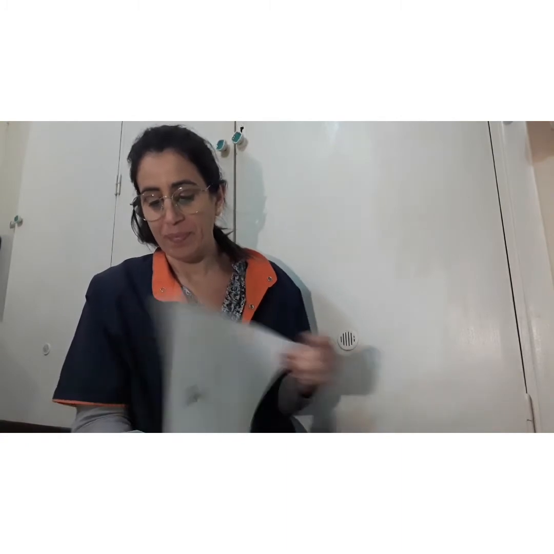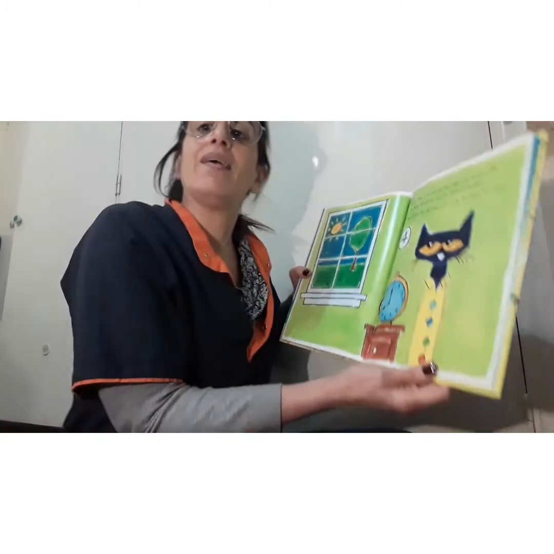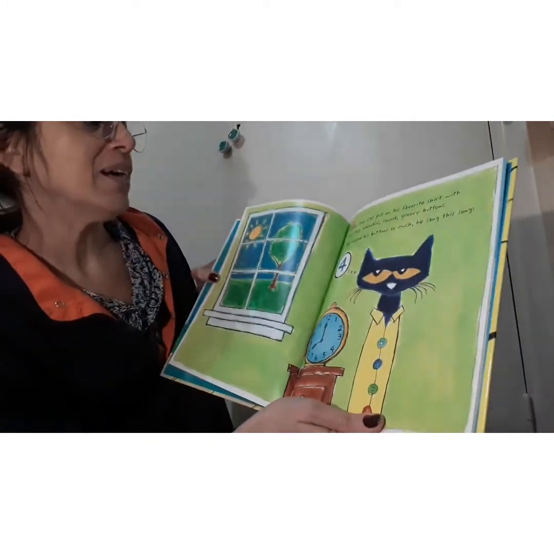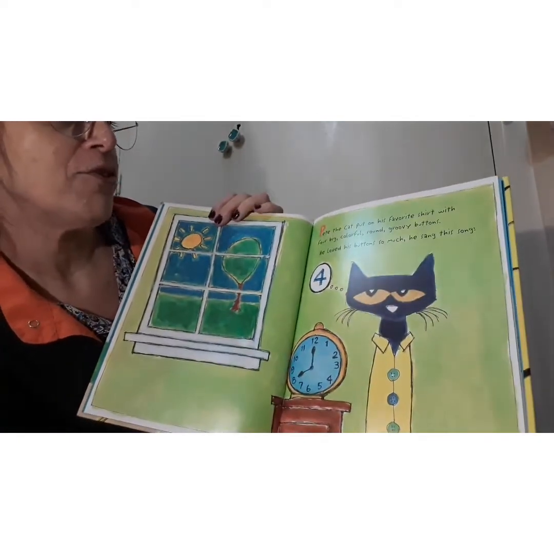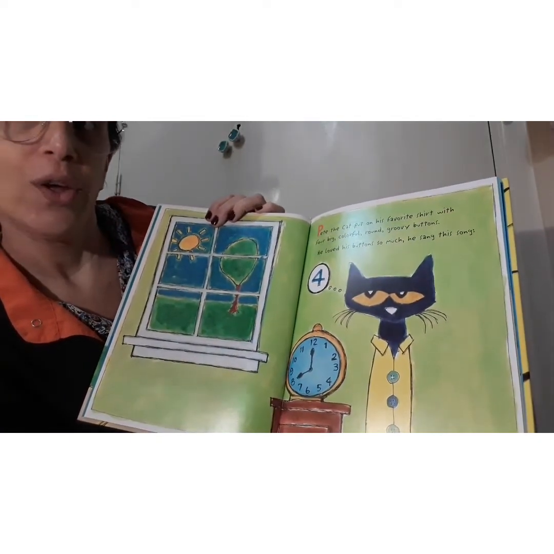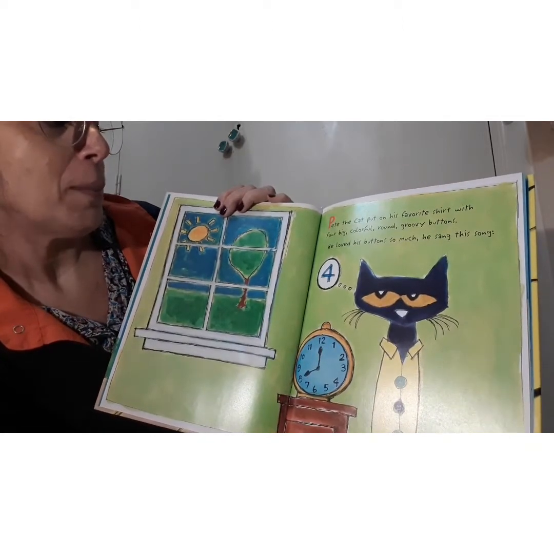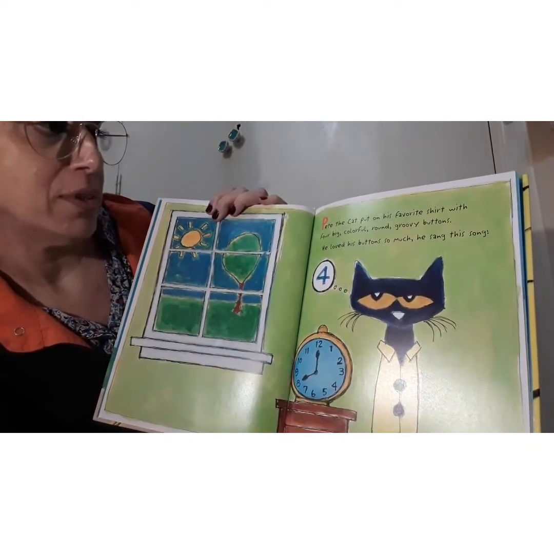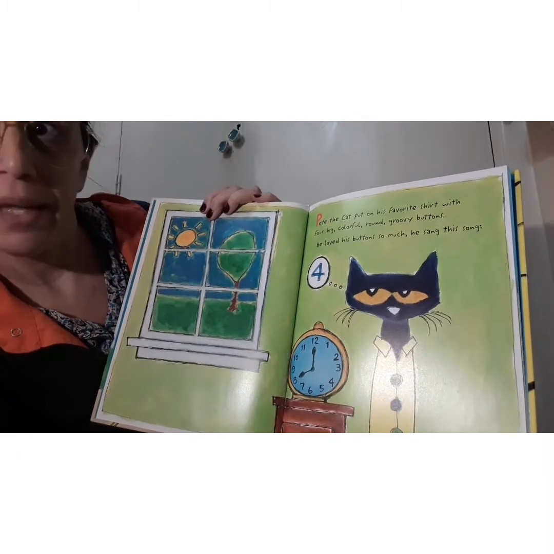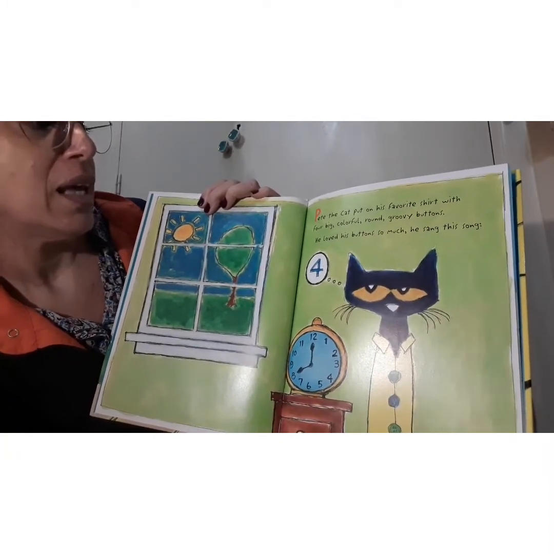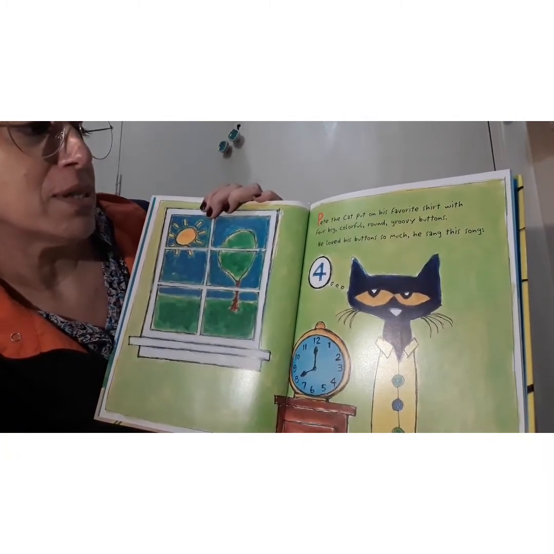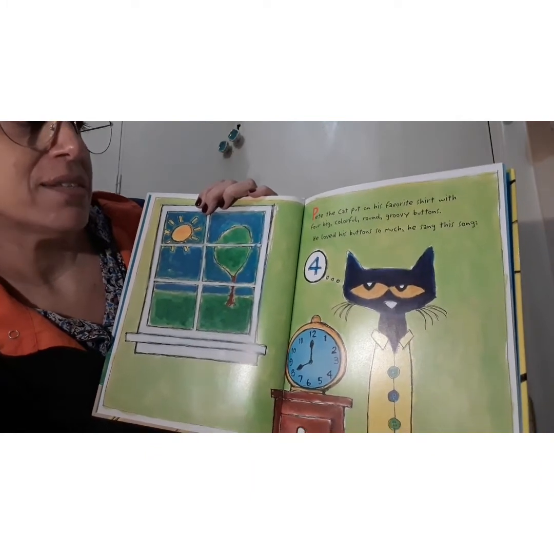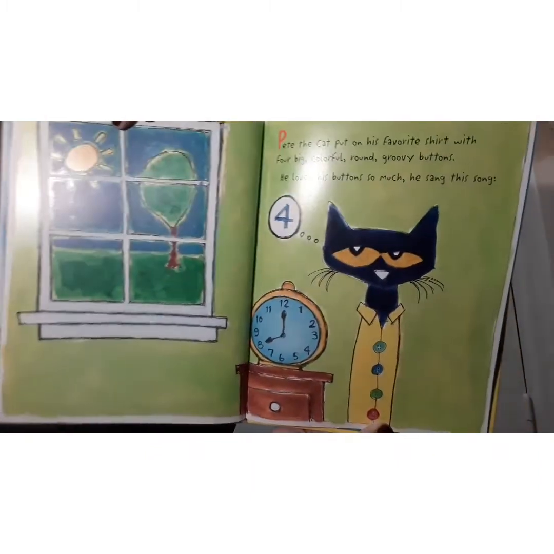So, Pete the Cat put on his favorite shirt with 4 big, colorful, round, groovy buttons. He loved his buttons so much, he sang this song.